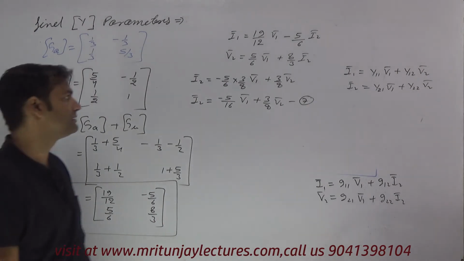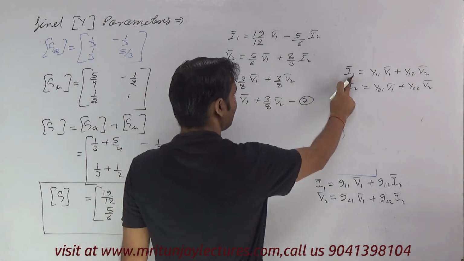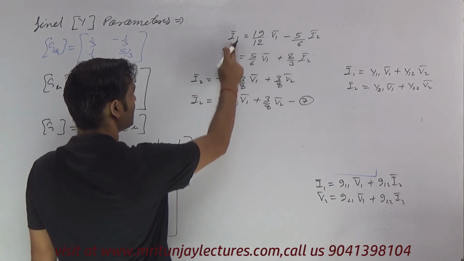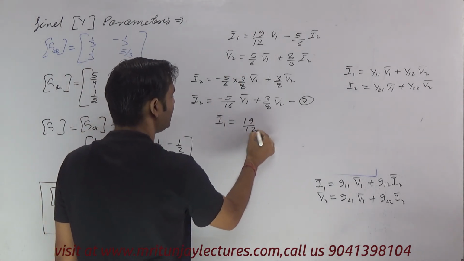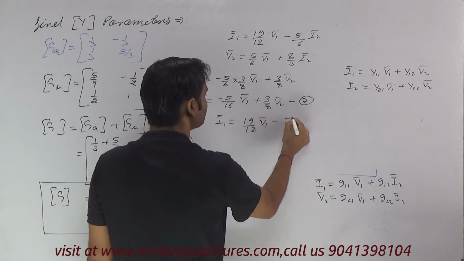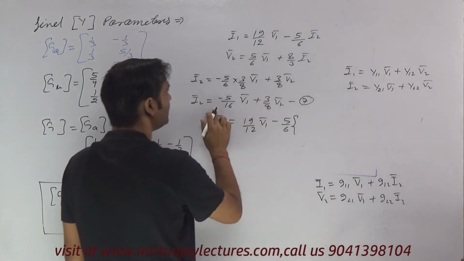Now next target is I1 in terms of V1, V2. I1 is 19 by 12 into V1 minus 5 by 6 into I2.